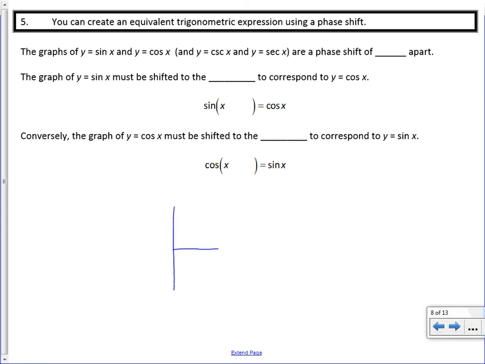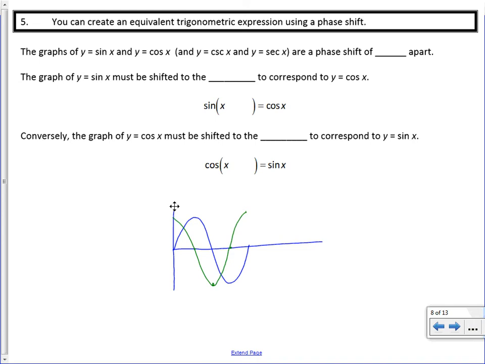Just because I'm not done with graphing, here's a graph of sine. If I graph the corresponding cosine, not perfect, but okay.